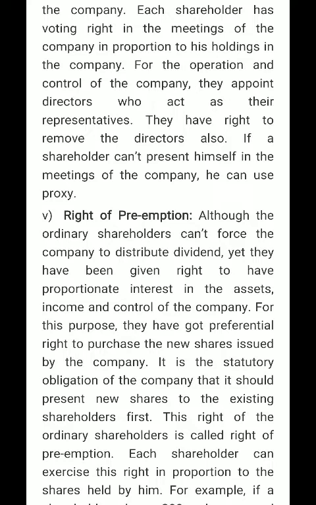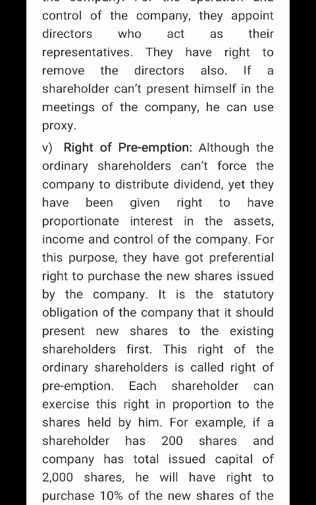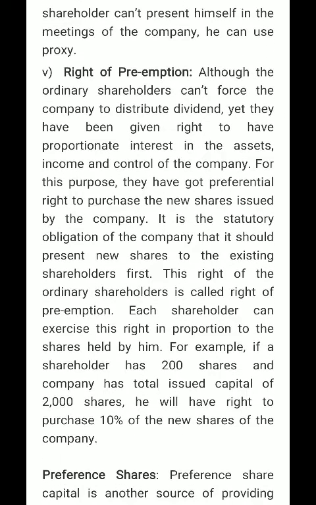For this purpose, they have the preferential right to purchase the new shares issued by the company. It is the statutory obligation of the company that it should present the new shares to the existing shareholders first. This right of the ordinary shareholders is called the right of pre-emption. Each shareholder can exercise that right in proportion to the shares held by him.